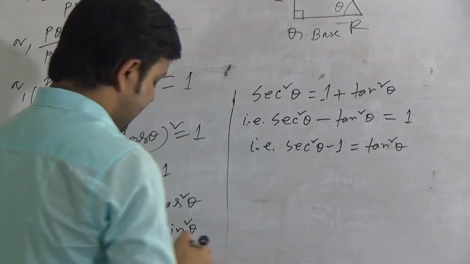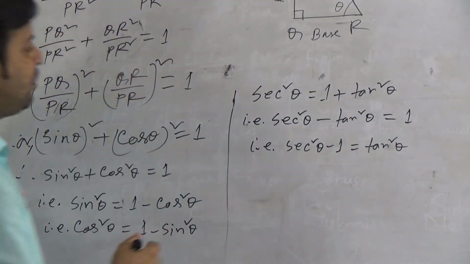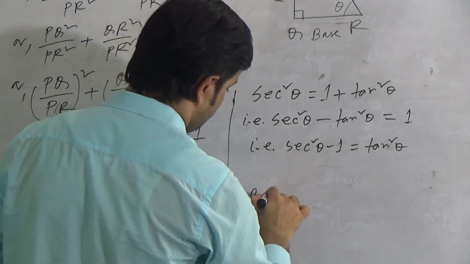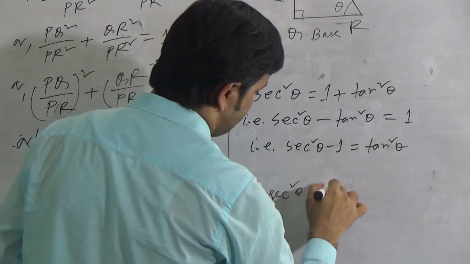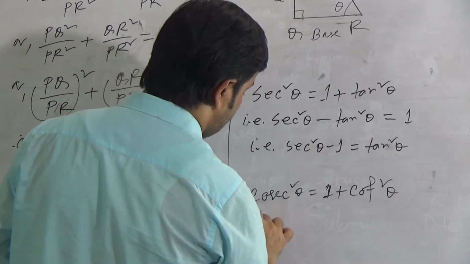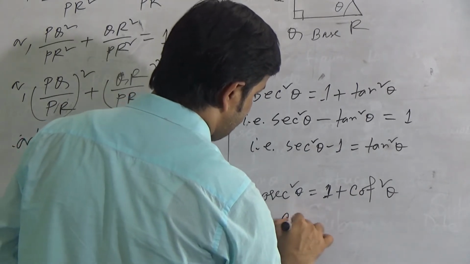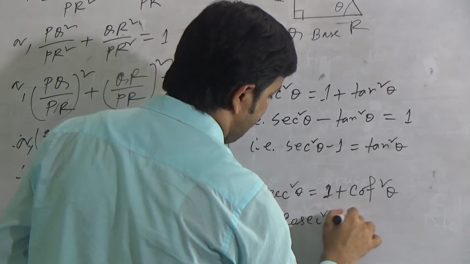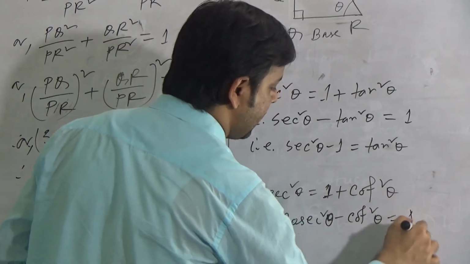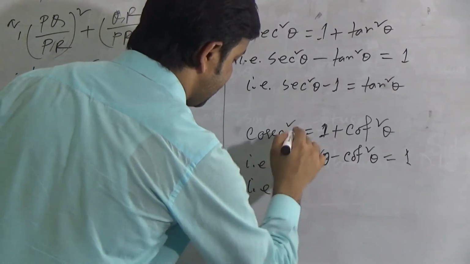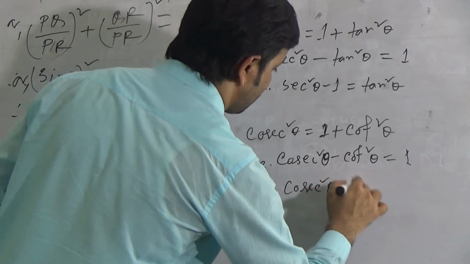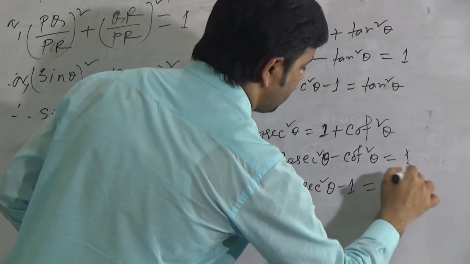Now I can write another identity in the same process: cosec square theta is equal to 1 plus cot square theta. From this we can write cosec square theta minus cot square theta is equal to 1, and we can express this in another way, cosec square theta minus 1 is equal to cot square theta.